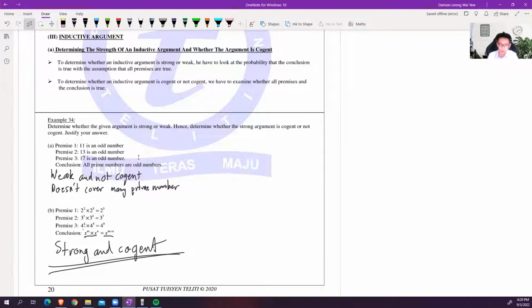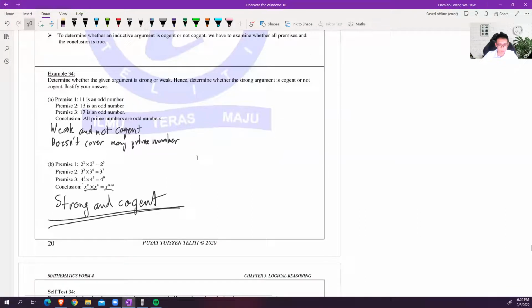Not whether it's true or not, but whether it's likely to be true or not. So if it's not likely, then it's weak. If it's likely, then it's strong. Okay. Cogent or not cogent is whether or not everything is true or false.